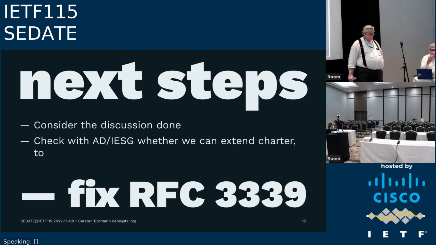So I guess what I'm thinking here is that the working group has 2 tasks in front of it. Number 1, a decision about the existing document, and number 2, a revision, 3339 bis or whatever we want to call that. So Brian, go ahead.